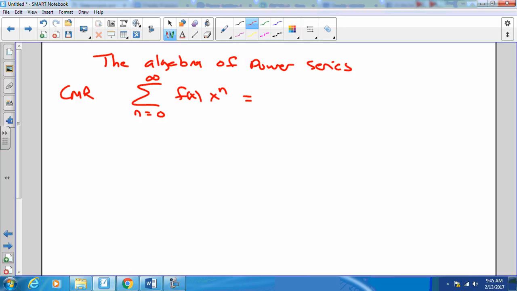First of all, constant multiple rule. If I have any function of x multiplied by x to the n, which is a constant in terms of my index, then I can pull that constant to the outside.